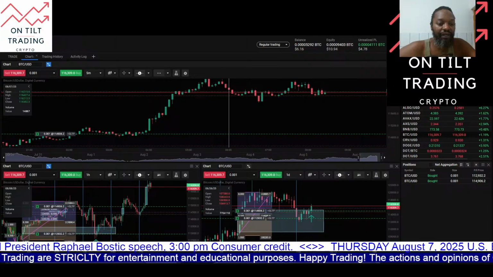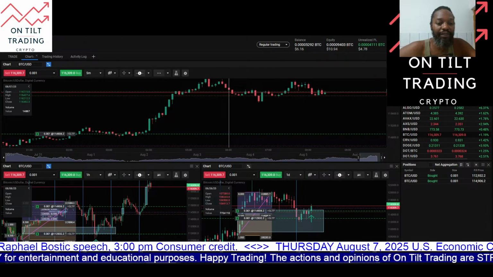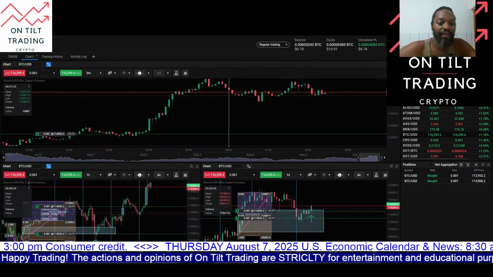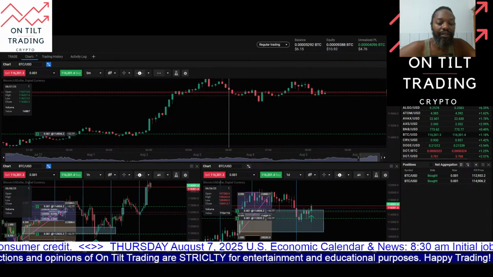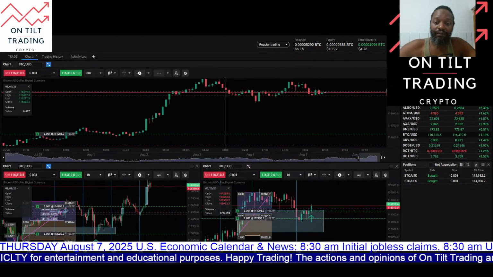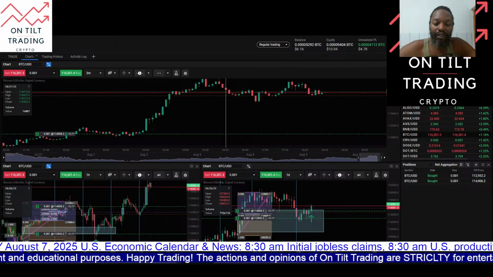So there's a fair value gap here that I wouldn't anticipate price to get past. There's also a fair value gap here. So these are all fair value gaps that would need to be traded to.